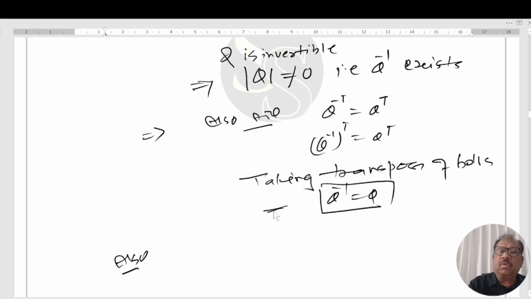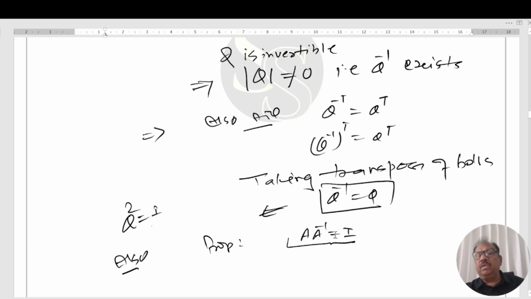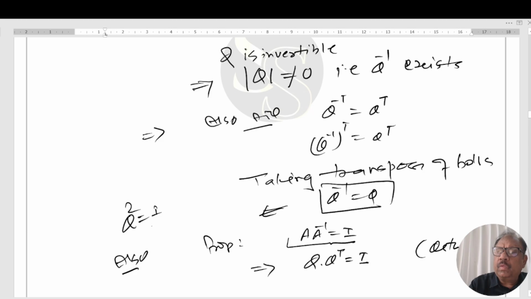From this we can also say Q squared equals I, or you can say, by the property A into A inverse equals I, the inverse of the inverse is the matrix itself. So Q into Q transpose equals I. This is an orthogonal matrix.